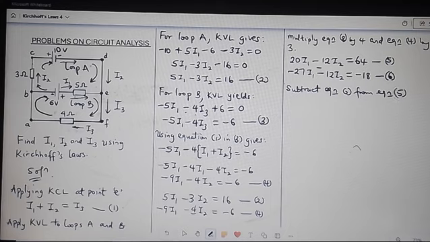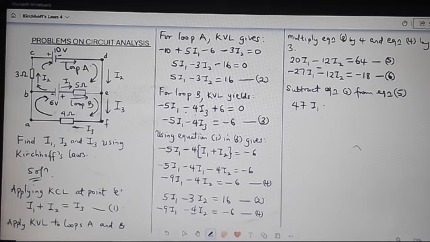If we do that, 20 minus minus 27 will give us 20 plus 27, which is 47 I1. Minus 12 minus minus 12 will give us minus 12 plus 12, which is 0.